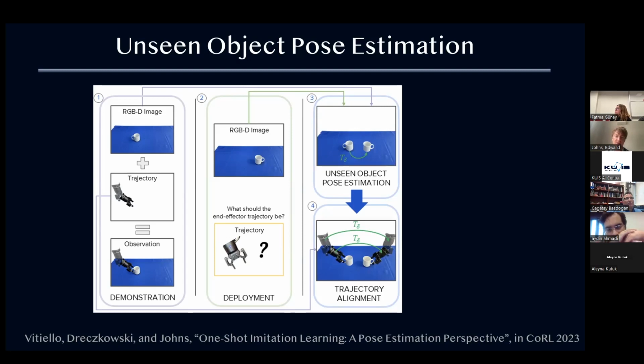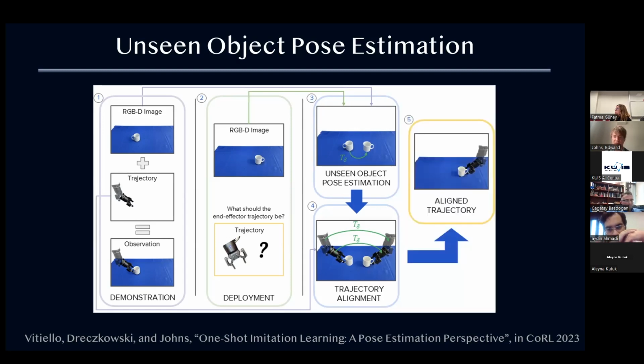In this scenario, we don't have that pre-training because we don't know what this object is going to be. We don't want to have to know in advance that the robot is going to interact with a cup and then train on lots of cups, because that then overfits to a particular type of object. Once you've done this unseen object pose estimation, there's a mathematical formulation for how you can use that to transfer the trajectory from the demonstration scene to the deployment scene. And then we have this aligned trajectory, which allows the robot to interact with the object.